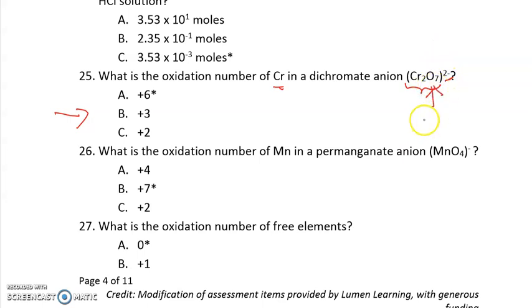Oxygen is -2, that is the rule. How many of them? 7. So just by oxygen I have -14, but I need to come up with the overall of -2. So what I can do, the chromium altogether must be +12, and because I have 2 chromium, each of them must be +6.